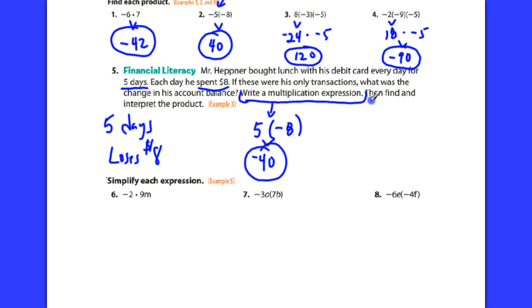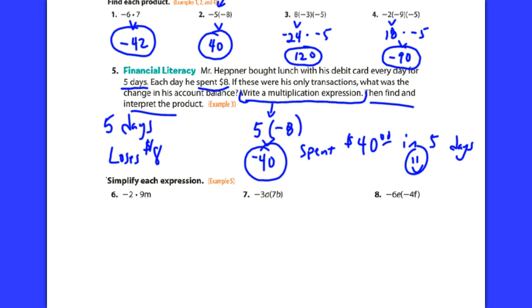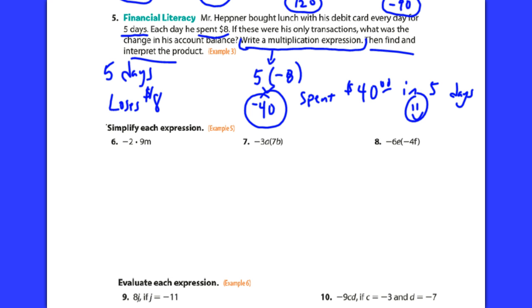So it says find and interpret the product. In other words, tell me what this is. He spent $40 in 5 days. The end for that.